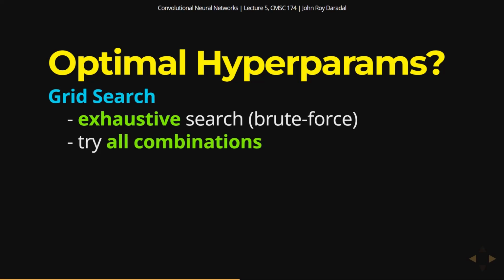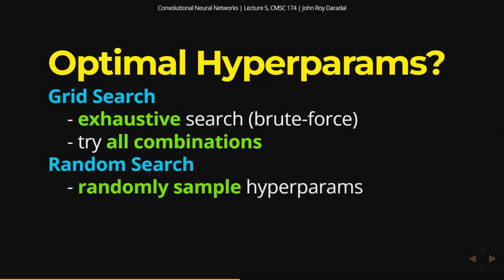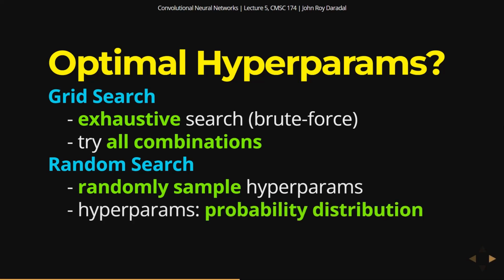Okay, so if you have like two hyperparameters that you're not sure of what the best options are, then you try all possible combinations. Or you can also do random search, wherein you randomly sample hyperparameters based on their probability distribution, and then you can just pick out some samples.